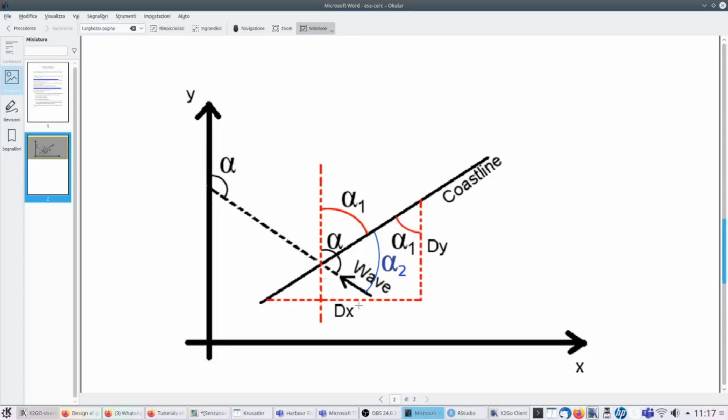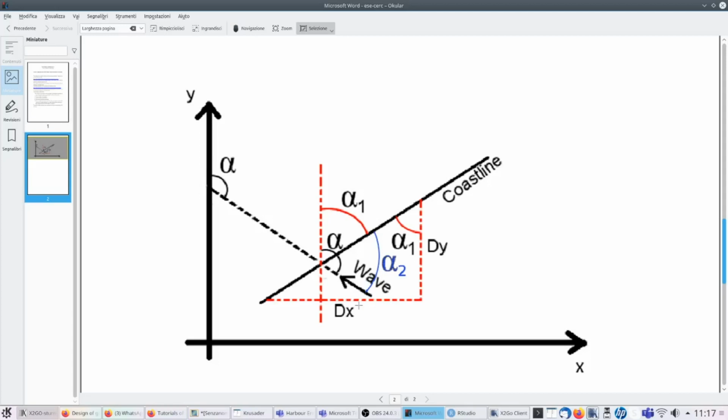Now keep in mind that alpha 2 is equal to alpha minus alpha 1, and alpha 1 can be computed once I know my delta x and my delta y, because with a simple trigonometric function I can compute alpha 1.